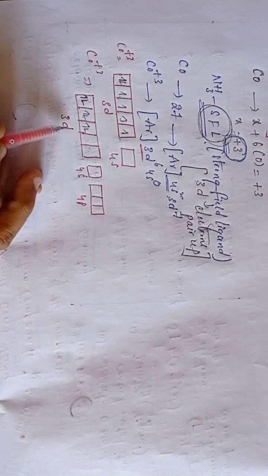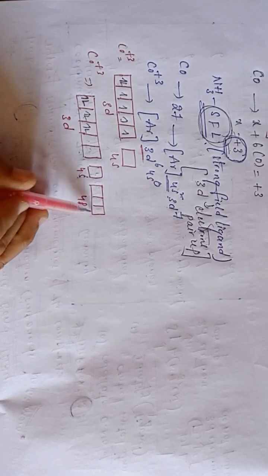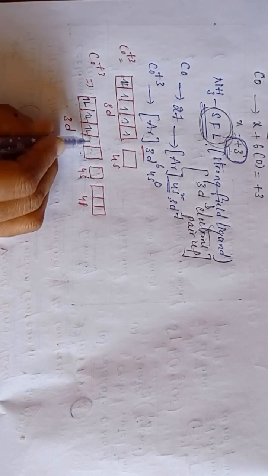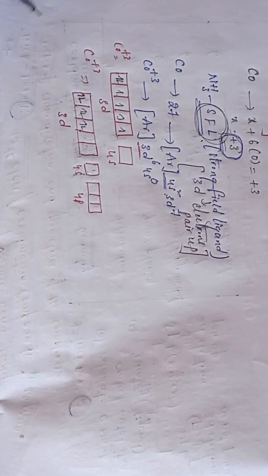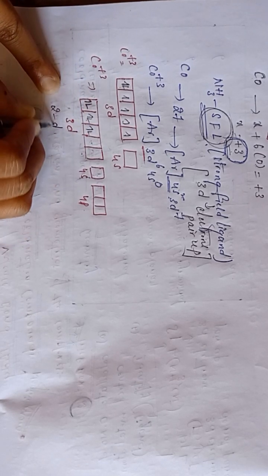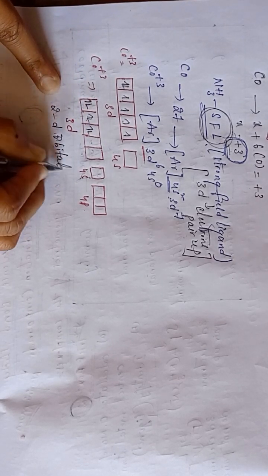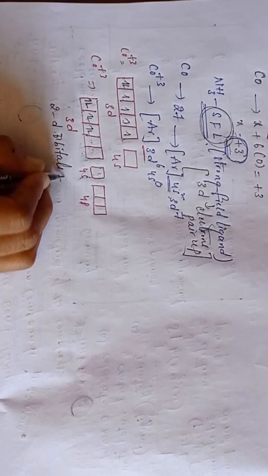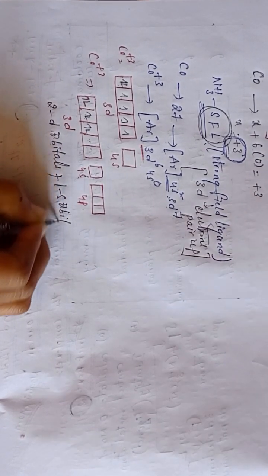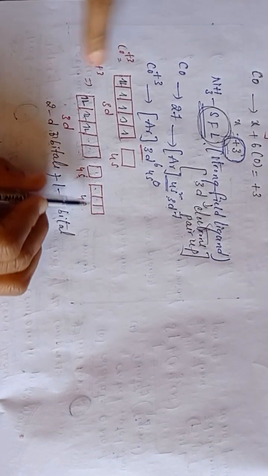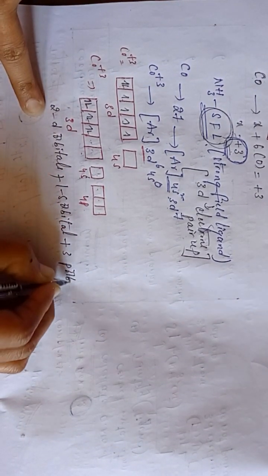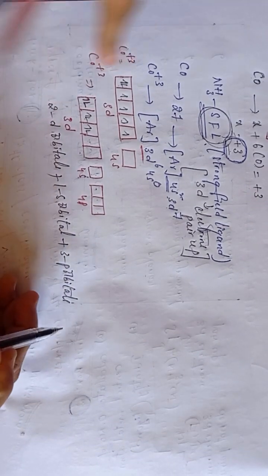Now these 3d orbitals, 4s and 4p orbitals undergo hybridization. See here how many orbitals: 2 d orbitals, 1 s orbital, and 3 p orbitals.